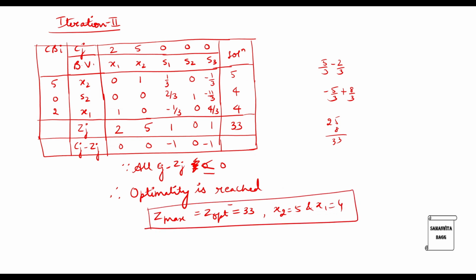Though you get the value of S2 as 4, this does not hold any value because in the equation of Z, you have assumed the coefficient of S2 as 0. So substituting this will not mean anything.